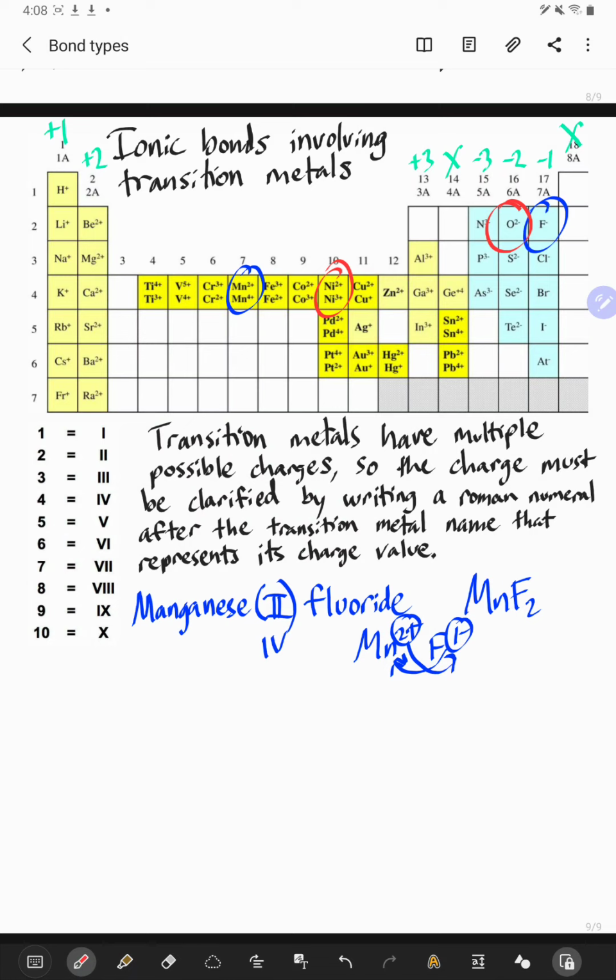And I will just tell you that the compound that's formed is going to look like this, and we want to figure out how to name this. Ni2O3.